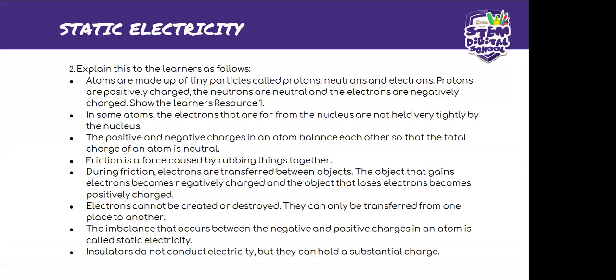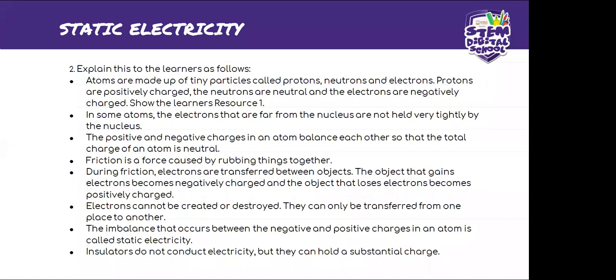Now, what happens during friction? During friction, electrons are transferred between what? Objects. The object that gains electrons becomes negatively charged, and the object that loses electrons becomes positively charged. So if I have object A and object B, and they interact by rubbing, let's say that object A gains electrons.